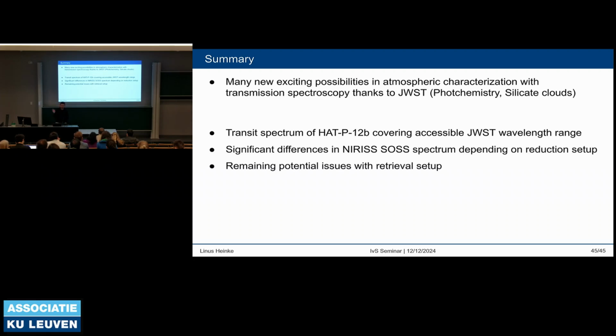We can see already that we get these huge error bars at the end of the LRS range. So if you want to go even further to the MRS, where the brightness of the star drops off even more, it becomes very difficult. So you would probably need quite a lot of transits to get a good signal to noise.